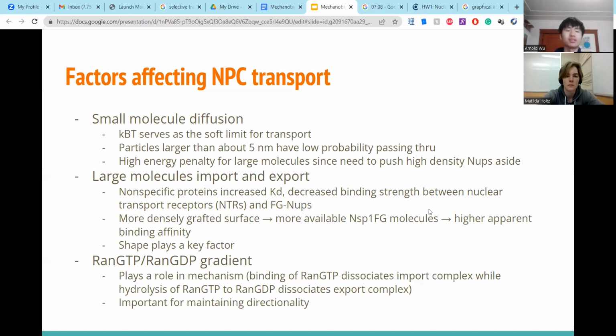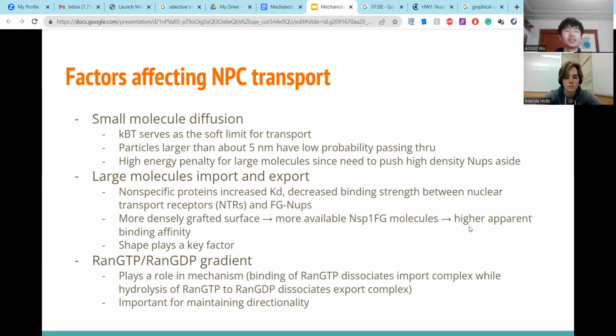For large molecule import and export, the nonspecific proteins increase KD, decreasing binding strength between the nuclear transport receptors and the FG nups. Also, more densely grafted surfaces indicate more available Nsp1 FG molecules, which indicates higher apparent binding affinity.